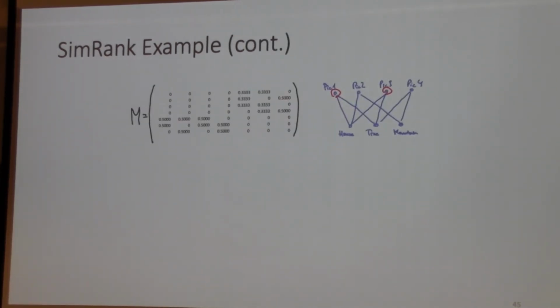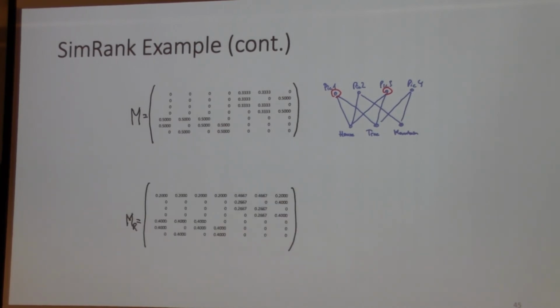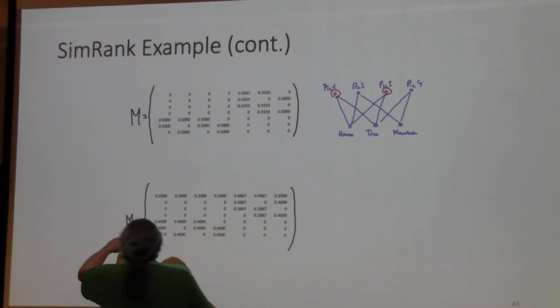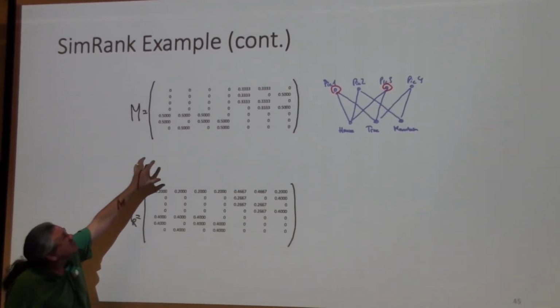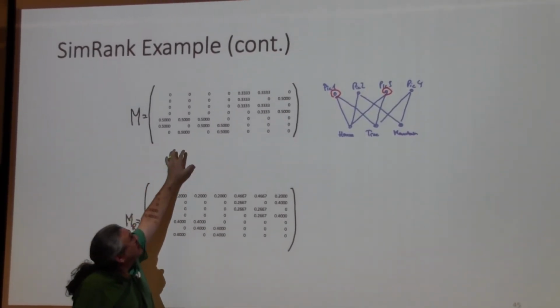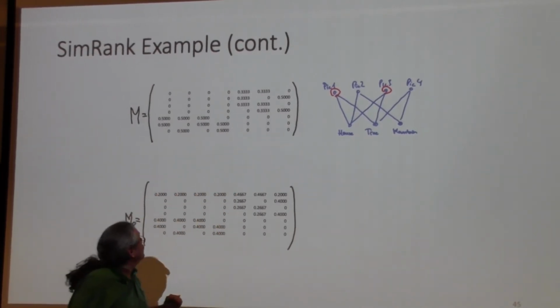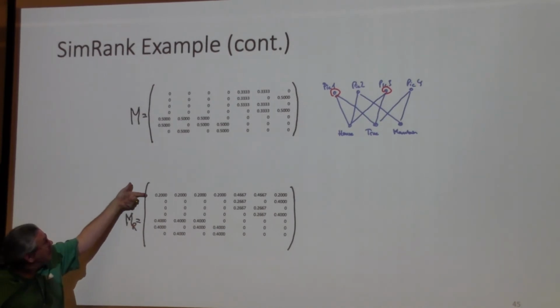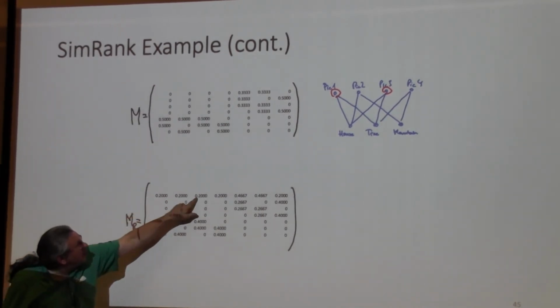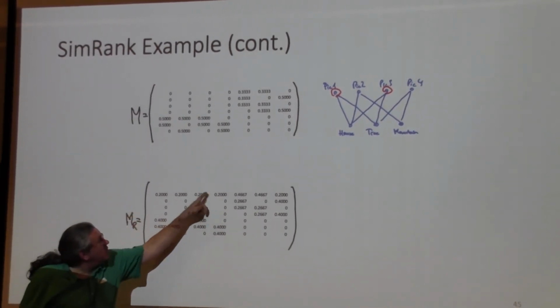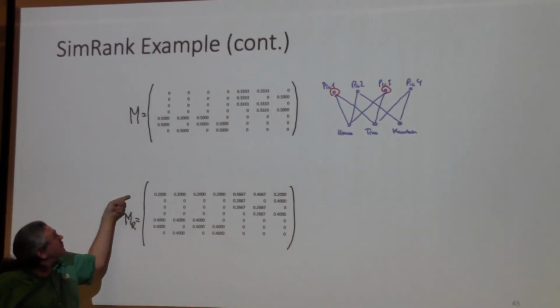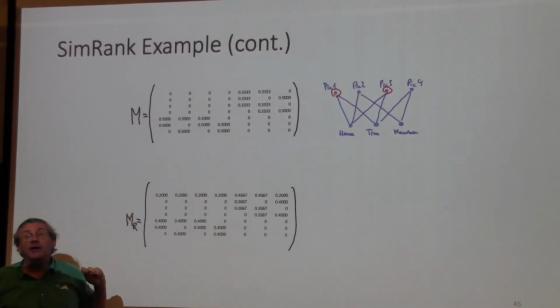So this is the matrix. If you do the actual matrix with teleport, this is the original matrix. You can see there's two parts to it. There's the house, tree, mountain part and the pictures. But you can see here, you have the teleport. Whenever you teleport back to picture one, which is row one.